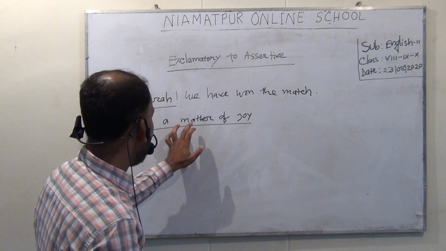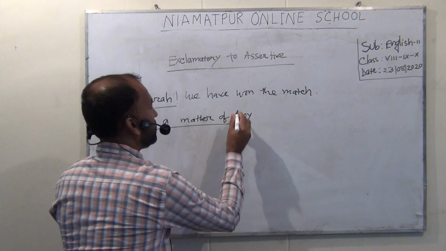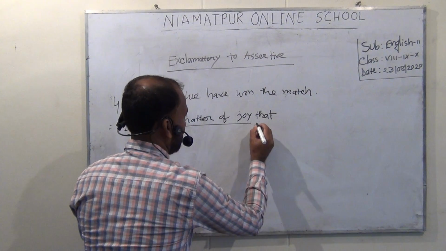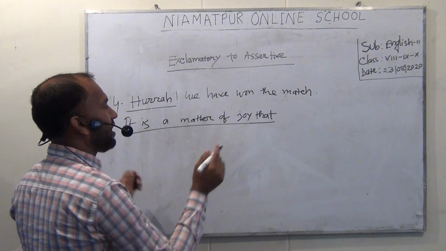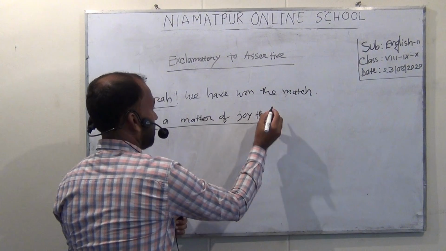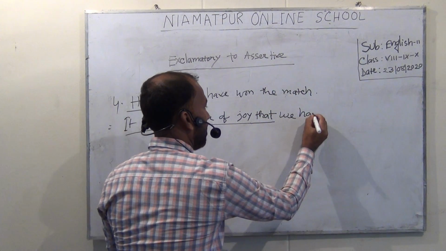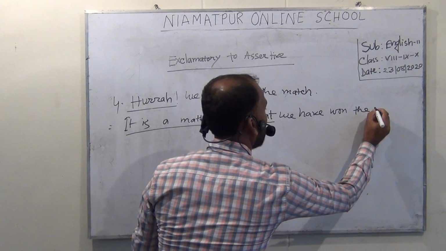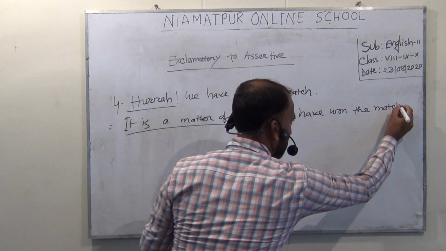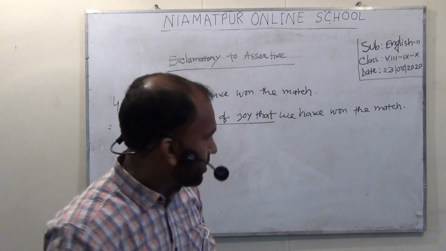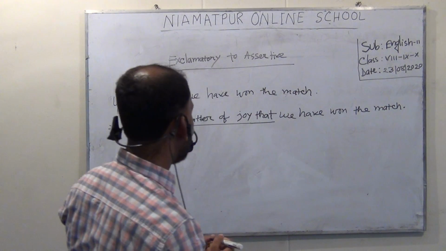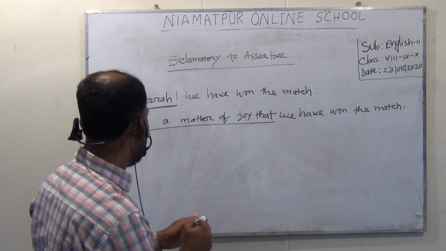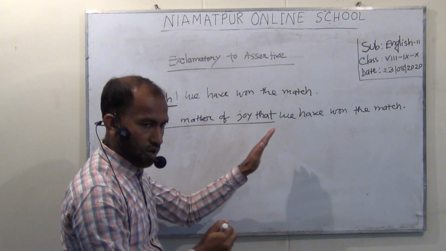It is a matter of joy, and we can add that, and the next part of the sentence, we have won the match. This is assertive. So hurrah is equal to, we can use, it's a matter of joy.